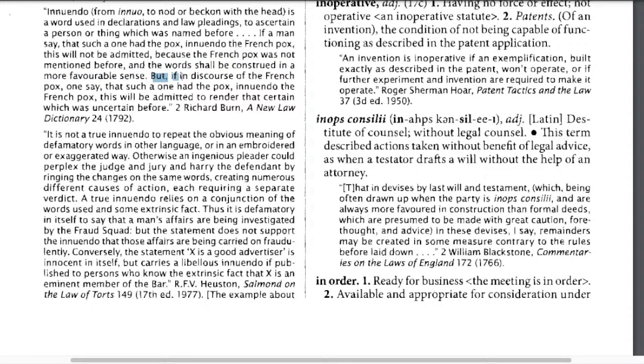But if in discourse of the French pox one say that such a one had the pox, innuendo, the French pox, this will be admitted to render that certain which was uncertain before. So the context of the conversation can allow what we would call a synecdoche, right?